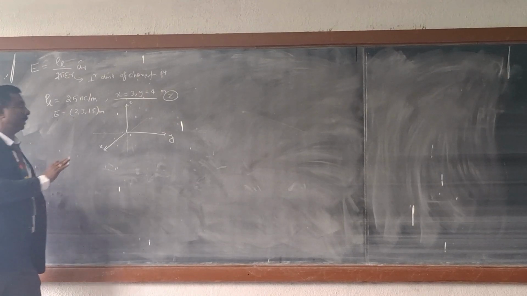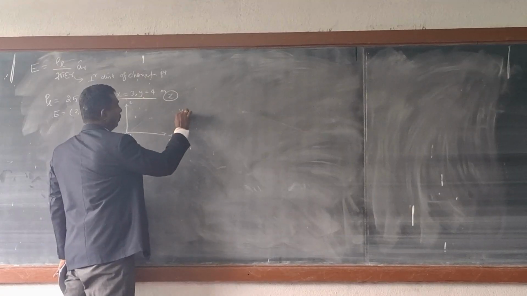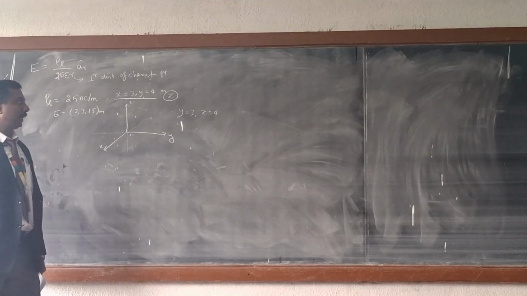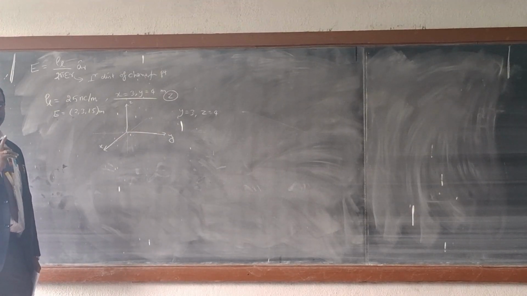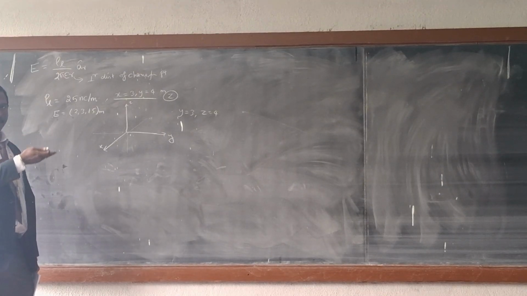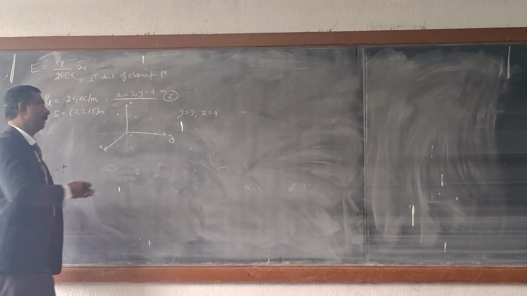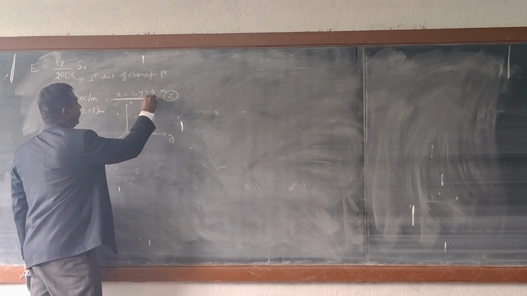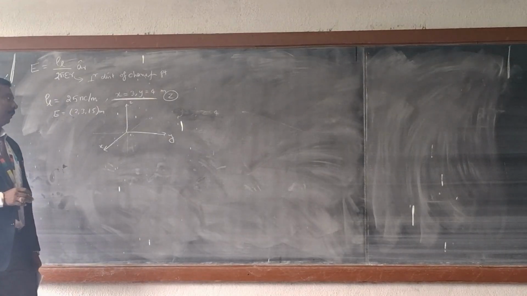Suppose if the question is given as y equal to 3 and z equal to 4, now y and z are constant and the variable is x. So we will come to a conclusion that the line will be along x-axis. In my question, x and y are constant, so the line is along z-axis.